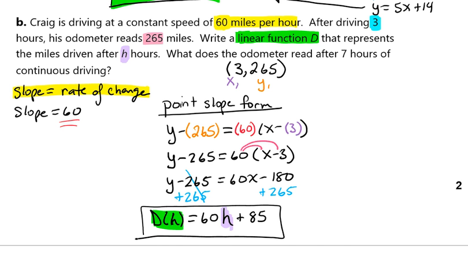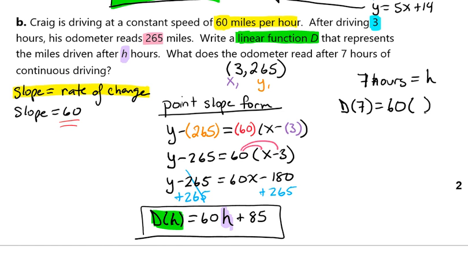And then it asks us, what does the odometer read after 7 hours of driving? So remember, our 7 hours represents our x value, or in this case, our h value. So we're going to plug that in. So we want to know, what is d of 7?